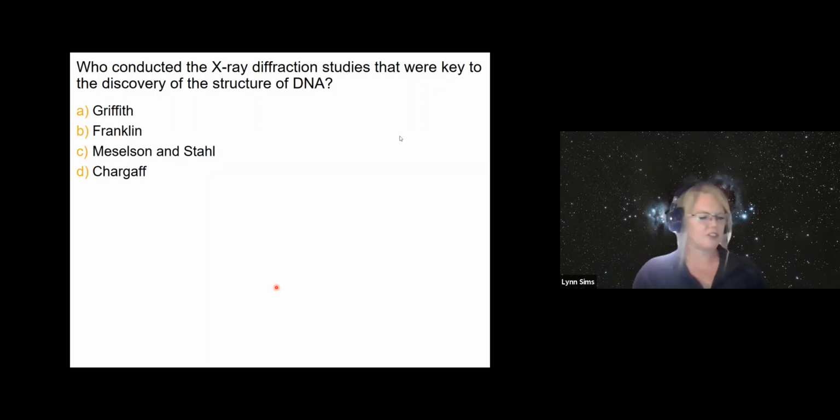So this gives an example of a question that might be generated about the scientist. It's important to know the scientist's name and what they contributed to the discovery about DNA, and how they did that. What type of study? Did it involve radioactive atoms?